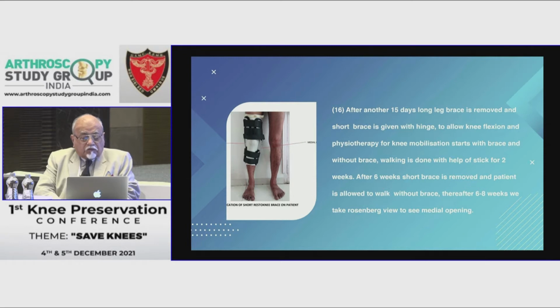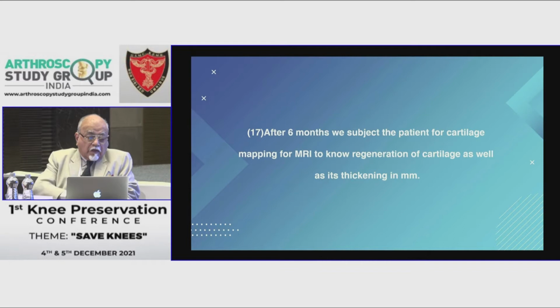Thereafter, at 6 to 8 weeks we take Rosenberg view to see medial opening. After 6 months, we subject the patient to cartilage mapping MRI to know regeneration of cartilage as well as its thickening.